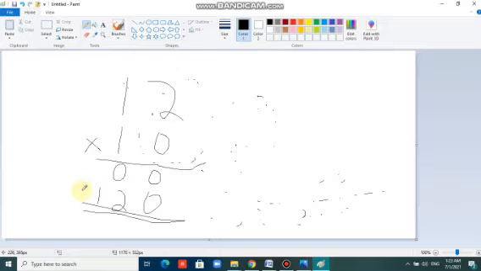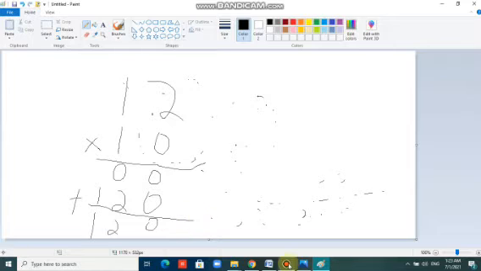And my addition sign. And 0 plus 0 is 0. 2 plus 0 is 2. And we carry on with 1. Alright, so we see that it's 120.